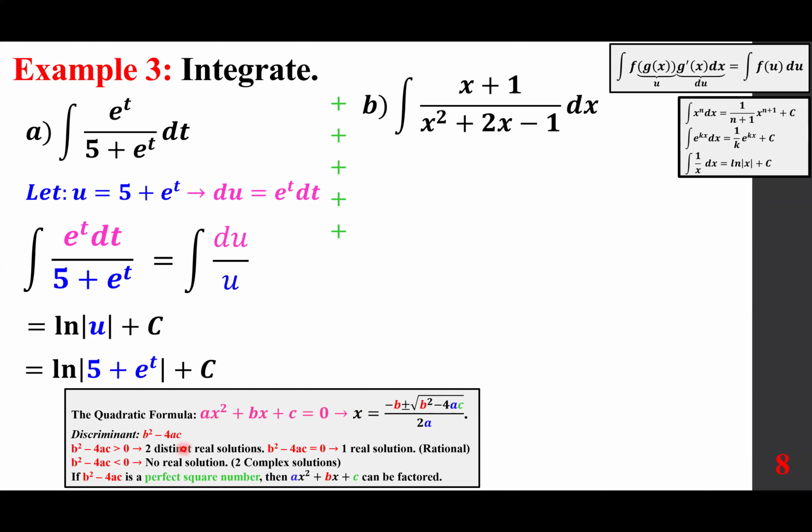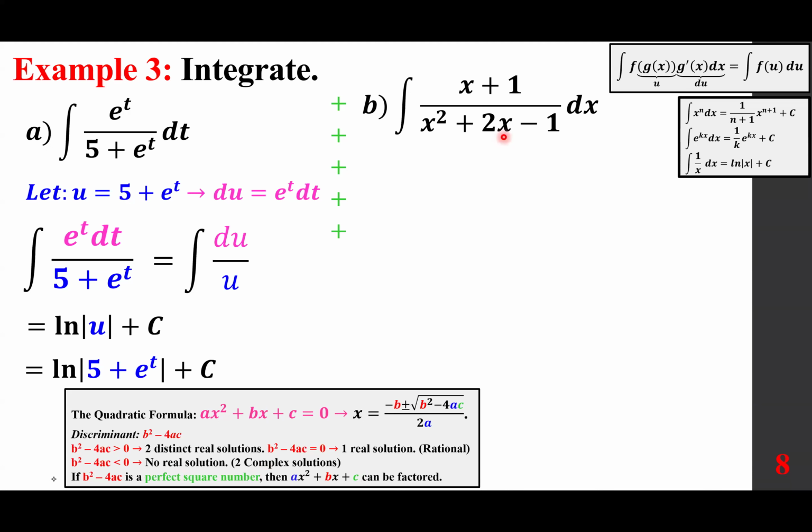When it's positive, it has two distinct real solutions. When it's zero, one real solution, rational, of course. And if it's negative, we have no real solutions. Instead, we have two complex solutions, a plus minus bi. Furthermore, if b squared minus 4ac is a perfect square number, then this can be factored.